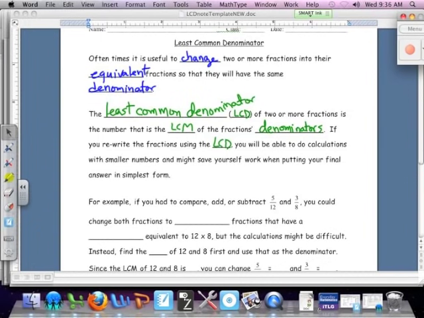So down here we have an example where we might need to compare, add, or subtract 5/12 and 3/8. Does everyone have the blanks filled in so far?